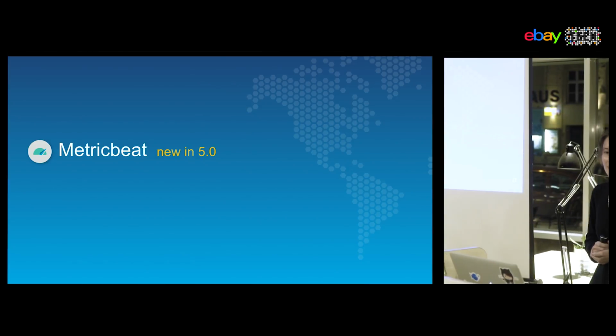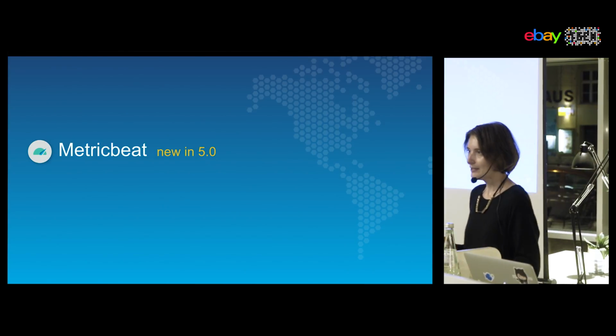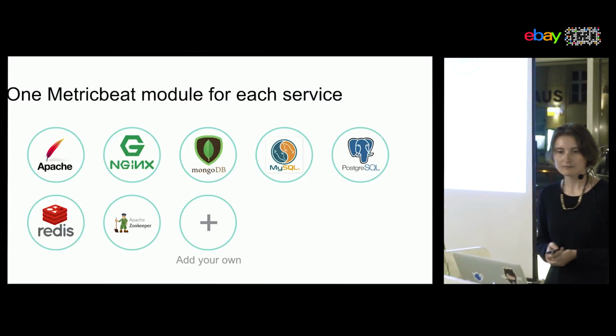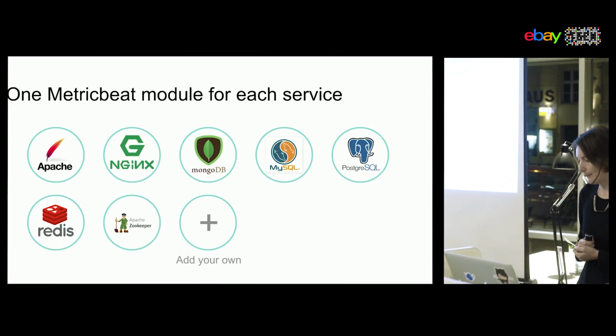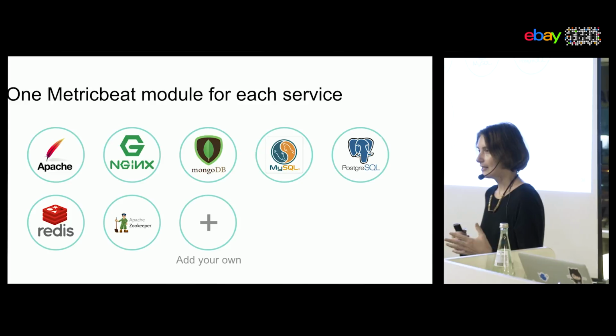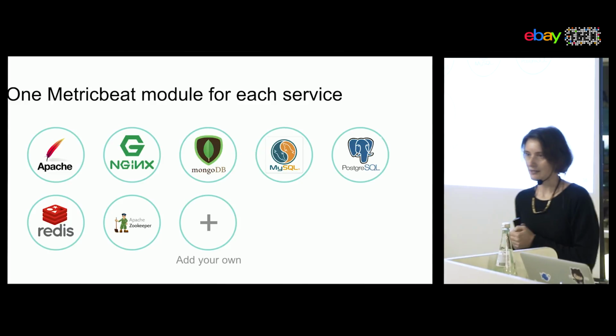Okay, now let's go forward and speak about Metricbeat. Metricbeat is a new beat that was released with 5.0. The way Metricbeat works is that it periodically fetches metrics from different services and ships them to Elasticsearch.